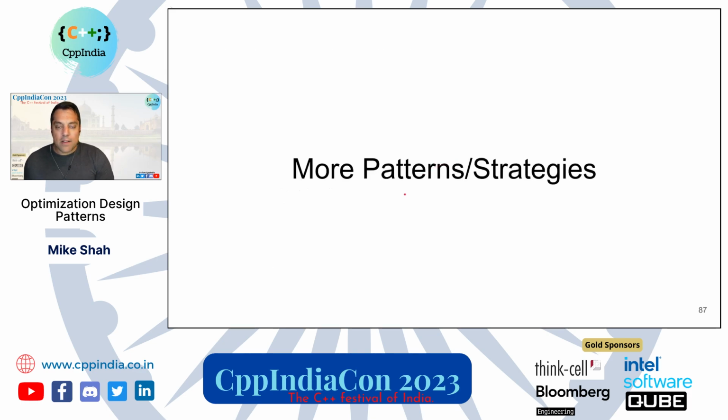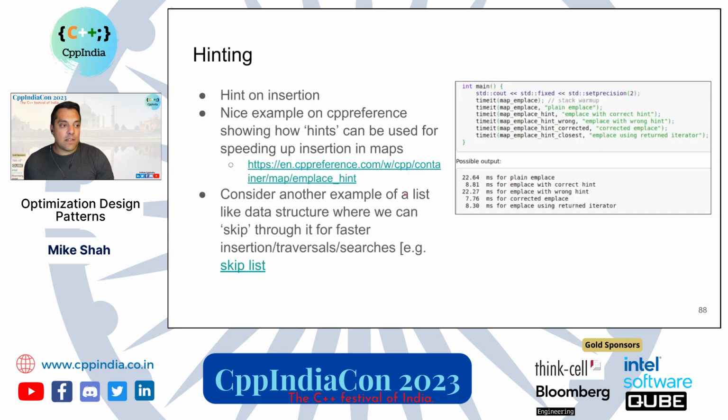So there are more patterns and strategies that exist. These certainly aren't all of them, and you'll find these across the C++ standard template library, for instance. Things like hinting, right? You can provide little hints in various algorithms to help improve the performance. So that might be something you can take a look at.